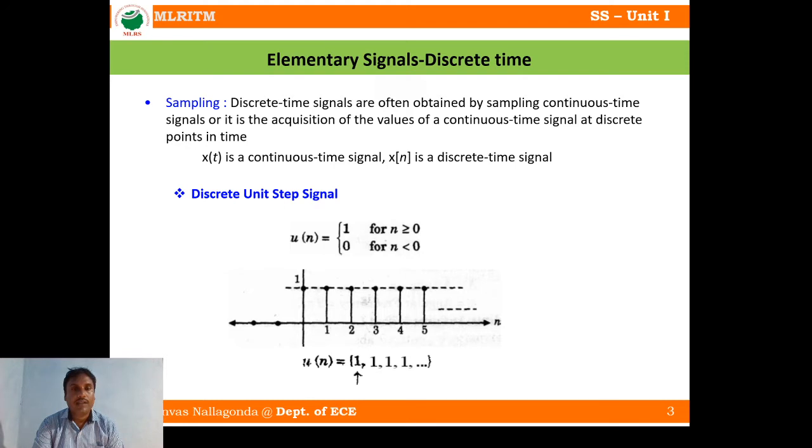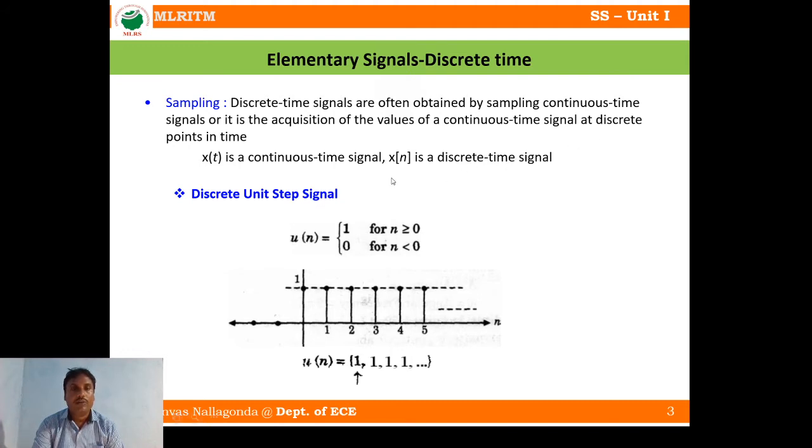So what is meant by sampling? Discrete time signals are often obtained by sampling continuous time signals, or it is the acquisition of the values of a continuous time signal at discrete points in time. X of t is a continuous time signal. X of n is a discrete time signal.